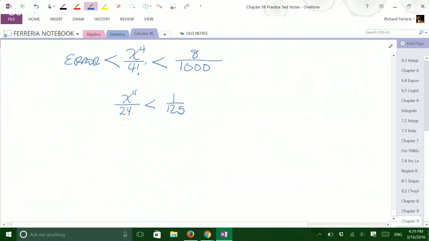So as long as x to the 4th is less than 24 over 125, we're good. Or, if you want to put it another way, as long as the absolute value of x is less than the 4th root of 24 over 125.